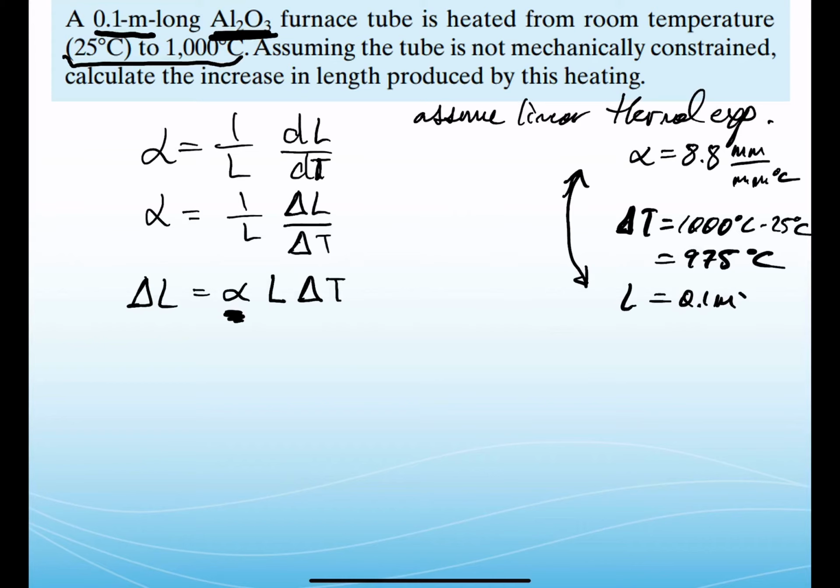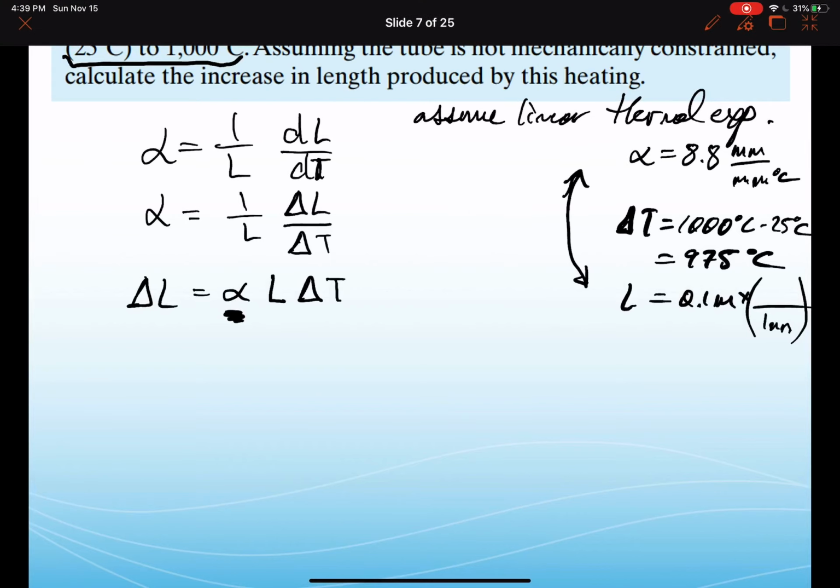So we'll put a conversion factor here, cancel 1 meter. One meter is canceled by 1000 millimeters, and that gives us 100 millimeters for L.